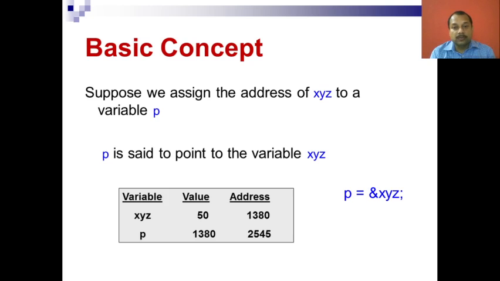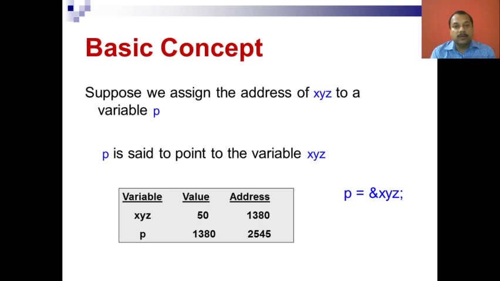So as of now, my declaration was int xyz = 50, and I mentioned that the compiler will allocate one memory location. I am assuming that the address of that memory location is 1380 and the content is 50. Now since it's an integer variable, 4 bytes will be reserved. Those 4 bytes will start from 1380.